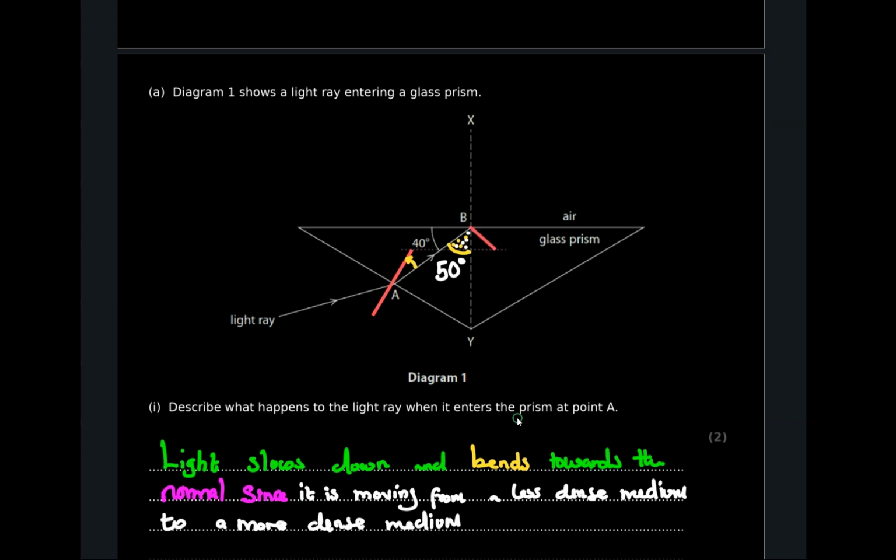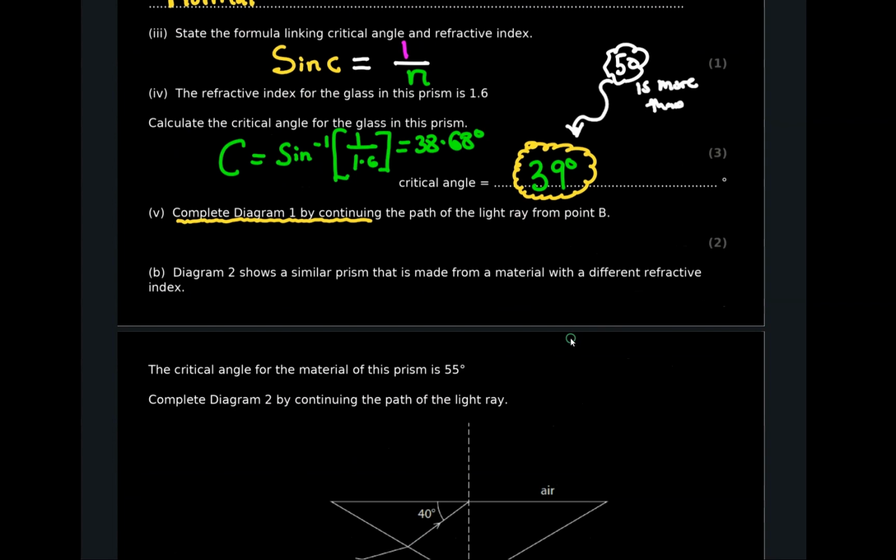So going back to the diagram, this ray will travel like that, making 50 degrees, which means total internal reflection will take place. Our ray, when it gets out of the glass prism on this other end, it will move like that. It will bend away from the normal. But our normal is there, so it bends away from the normal like that.